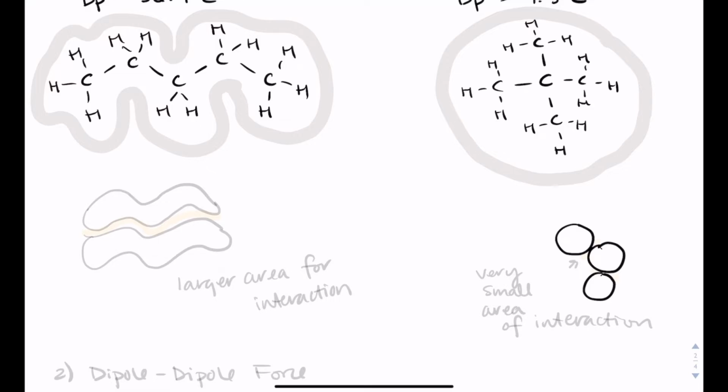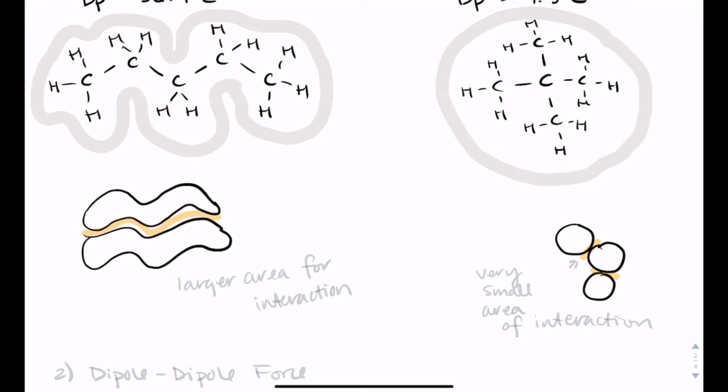So if we take the atoms out and just draw the interactions, like where the intermolecular force interactions would be: my electron cloud gets squished around, it induces dipoles in another molecule, you have that attraction. For the n-pentane, you can have this really large area of interaction and different points of attraction with the intermolecular force.